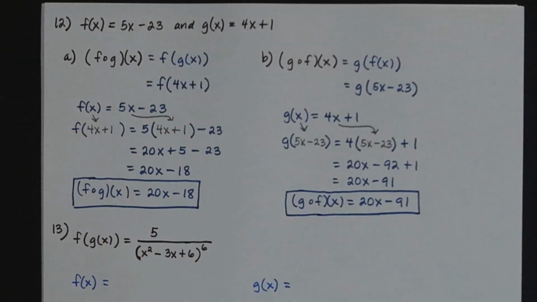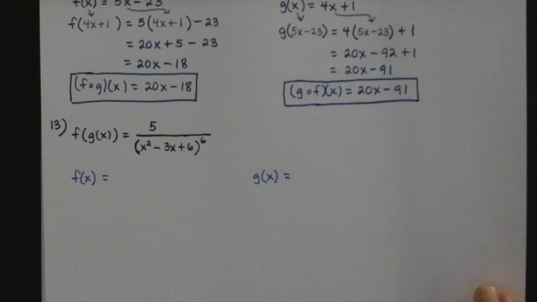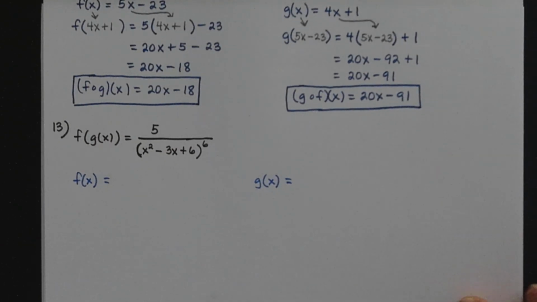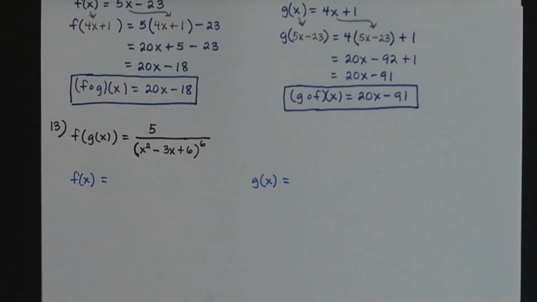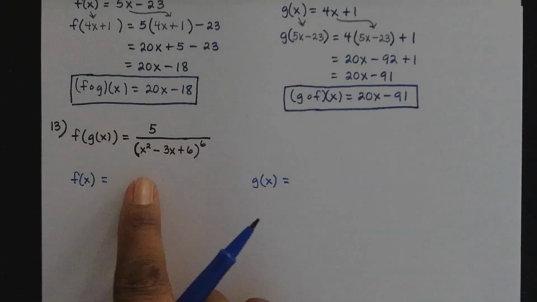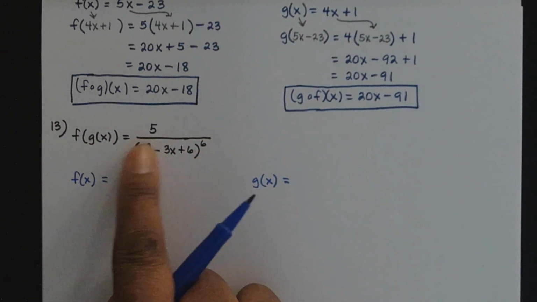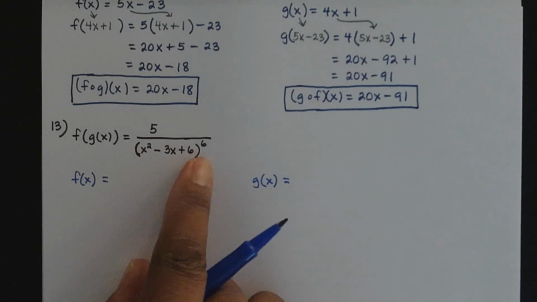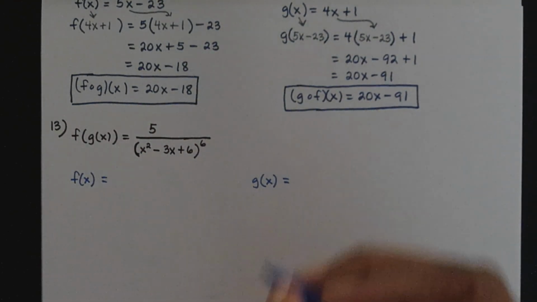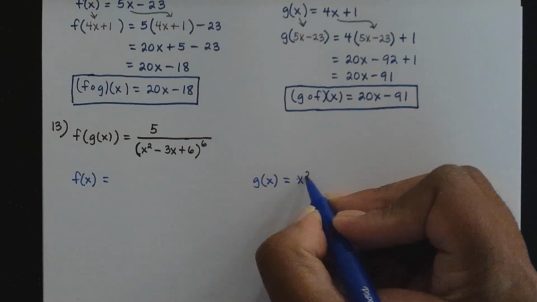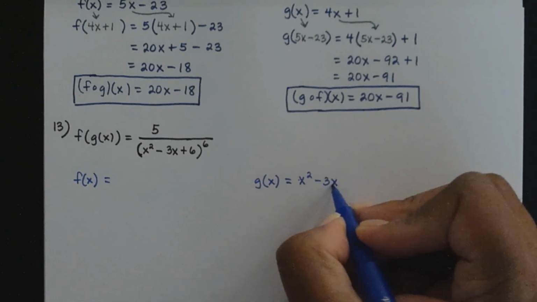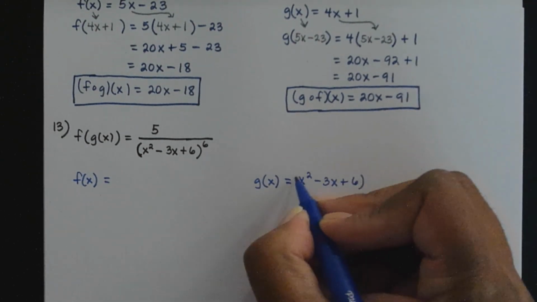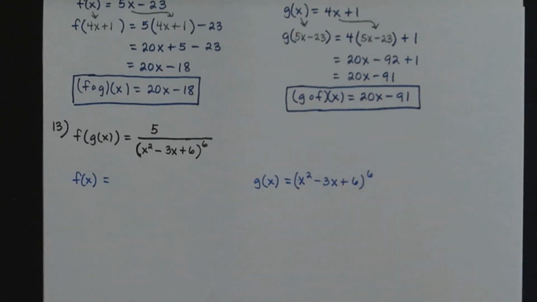Now, of course, your g of x is your inside function. And notice in this case we have a numerator and a denominator. So if you want to, you can take that denominator, let that be g of x. That's the x squared minus 3x plus 6. That quantity is to the 6th power.